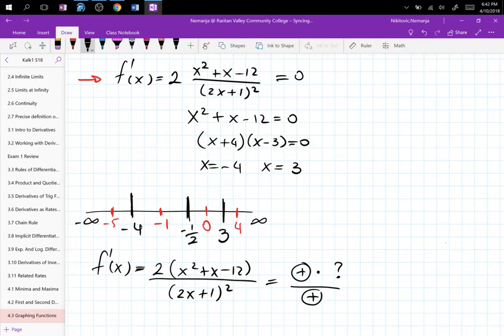Would you all agree on that? What are the arguments for that? 2 is always positive. Squared quantity is always positive. So that's that. The only thing that I don't know the sign of is the polynomial x squared plus x minus 12.